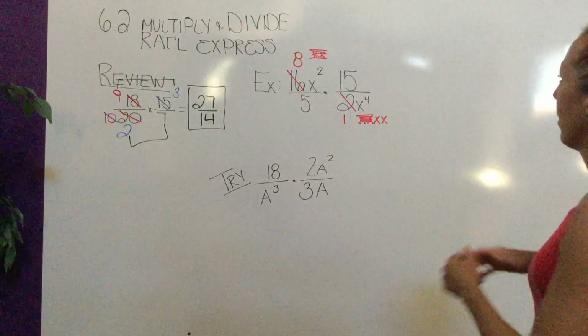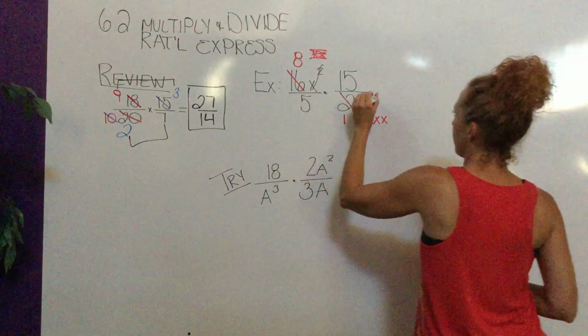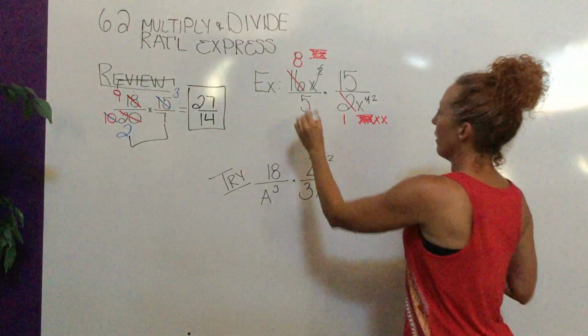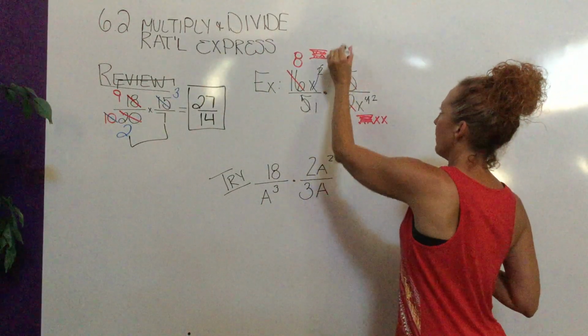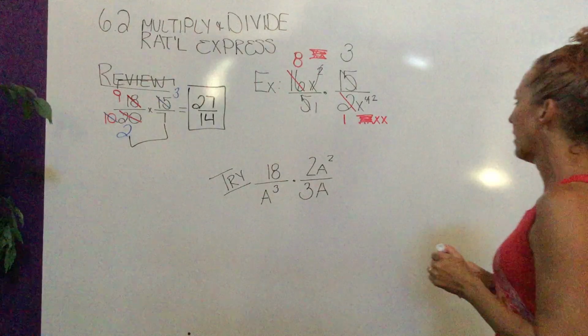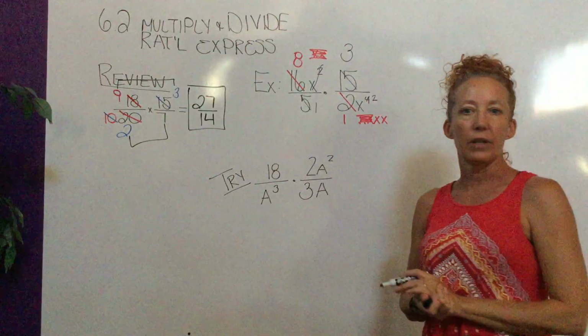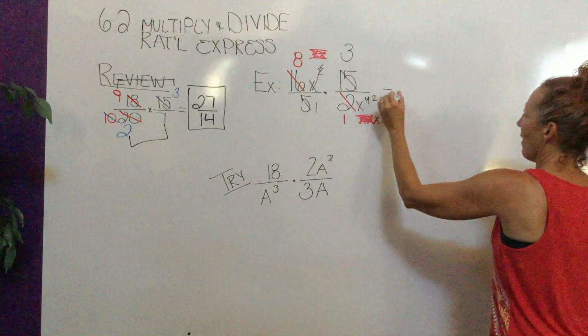If you remembered that rule where the exponents just subtract, same thing. 5 divides into itself once. 5 divides into 15 3 times. And I look over, there's nothing else that I can reduce. So what am I left with?